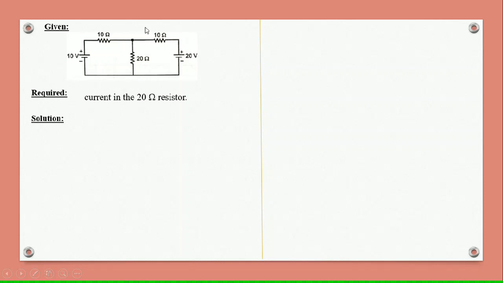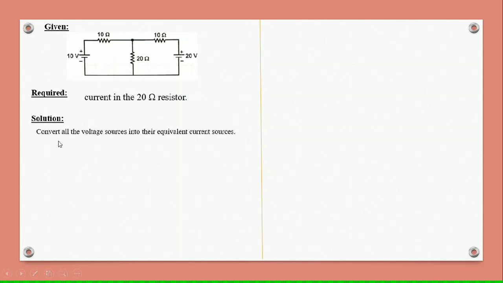Here no such points are available. So in the given circuit diagram there is no super node because the 10 volt source is connected with the node through a 10 ohm resistor. The 20 volt source is connected with the nodal point through a 10 ohm resistor. There is no direct connection of voltage source with the node. That is the reason why I am saying that there is no super node.